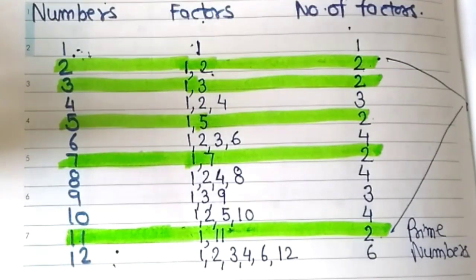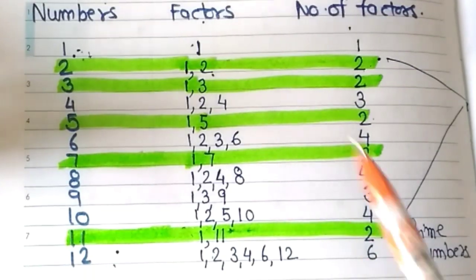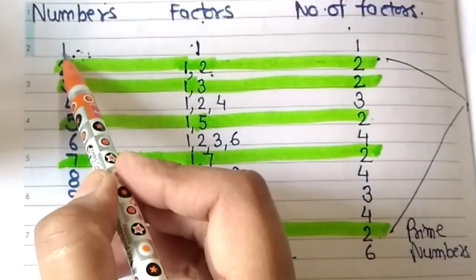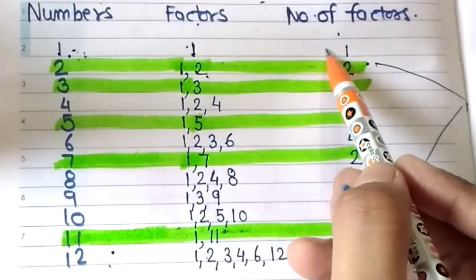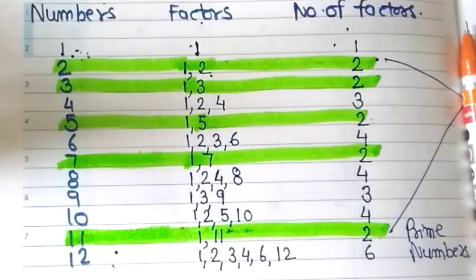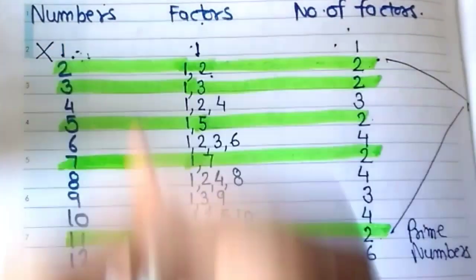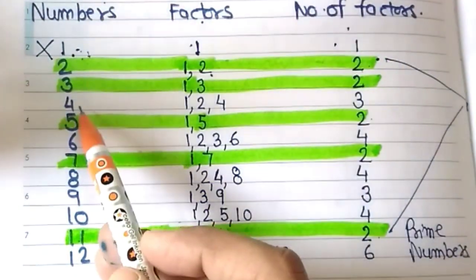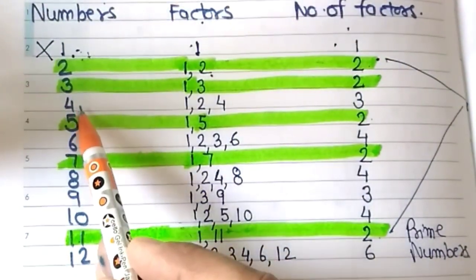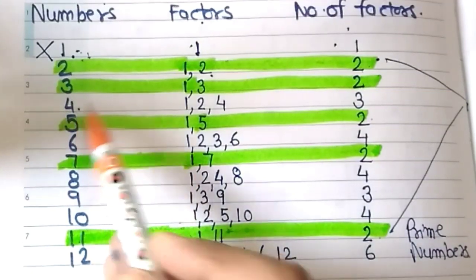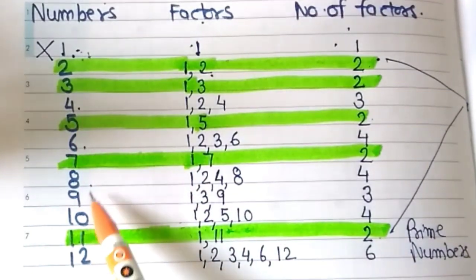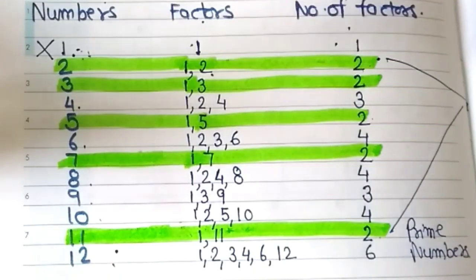Now let us move to find the composite numbers. See, now 1 has only one factor, right? What can we do? We can put a cross on this number. Now talk about other numbers which are not highlighted here. This is 4, 6, 8, 9, 10 and 12. What can you find here?